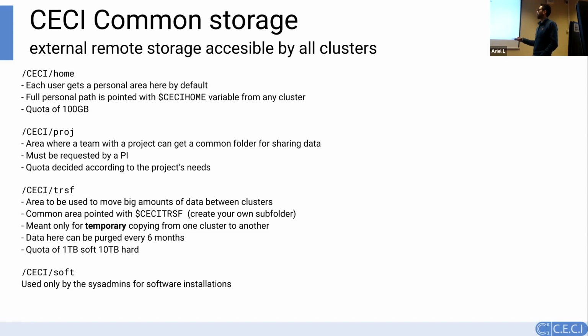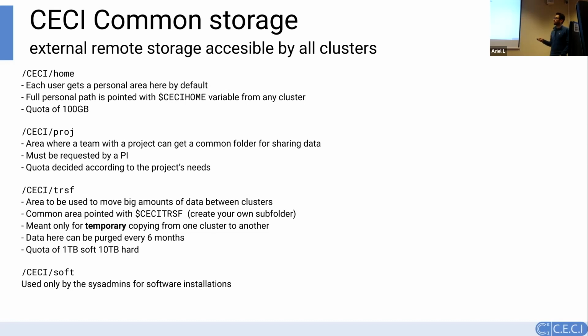So if you log in on a cluster and you do echo $CECI TLSF, it will give you the full path. Each user has a personal subfolder inside CECI TLSF. Here you have a more generous quota: by default 1 terabyte soft and 10 terabyte hard.